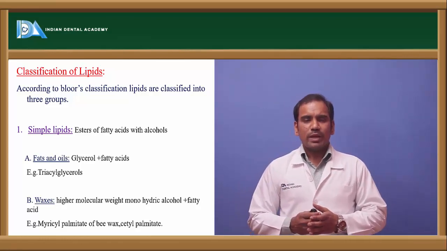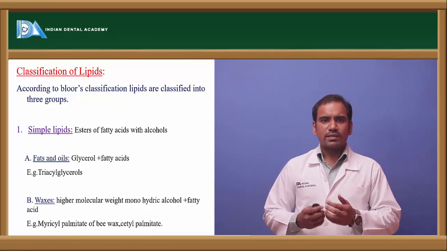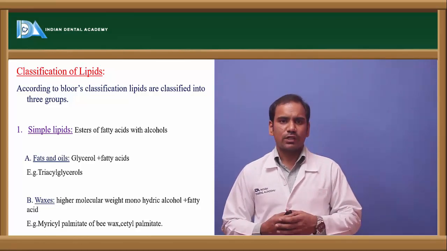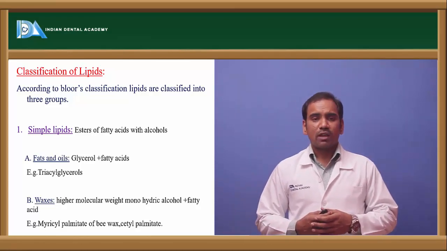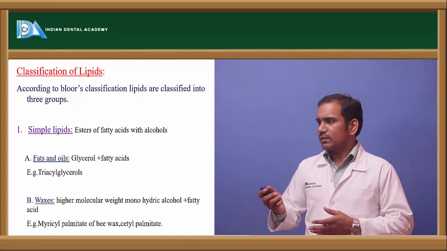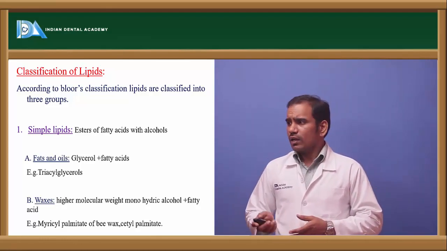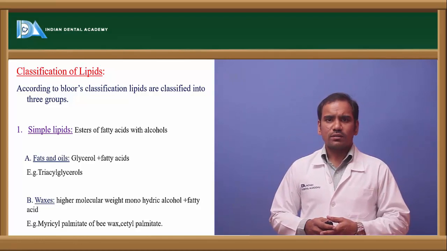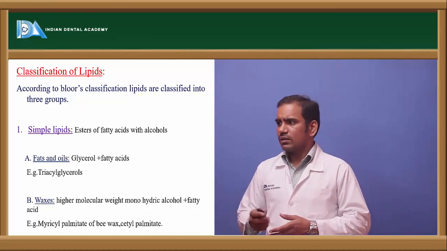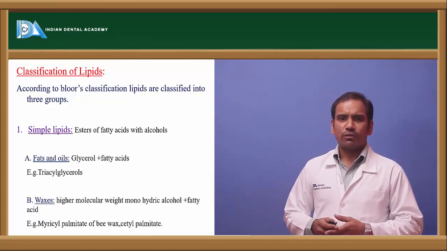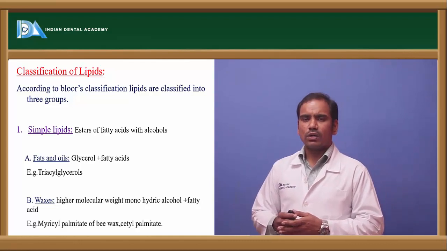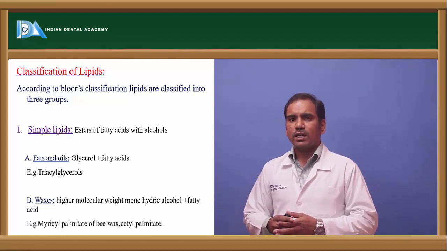Right? So based on the type of alcohol, again simple lipids are subclassified into two types. Those are fats and oils, and waxes. Coming to fats and oils, they have the composition of alcohol plus fatty acid, and the alcohol in case of fats and oils is glycerol.